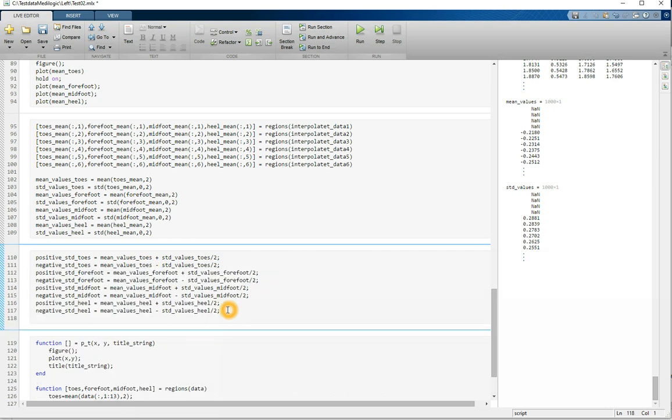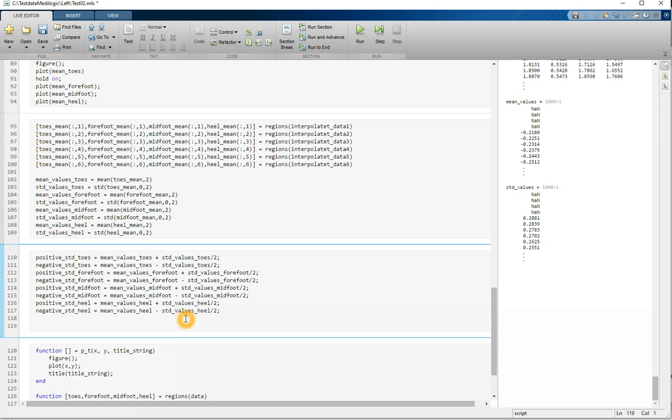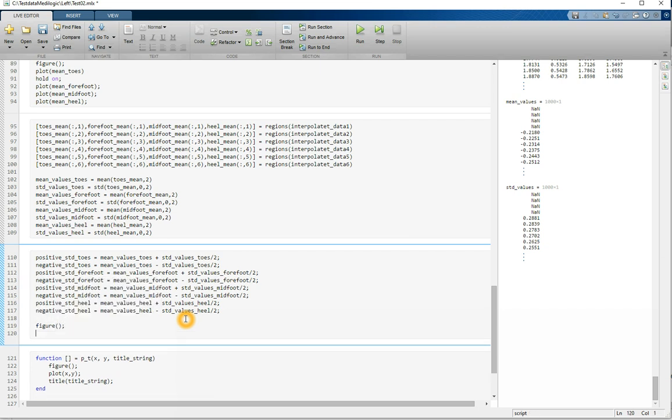So welcome back. What we are now doing is trying to plot this data, and therefore we are making a new figure and saying plot. Not the positive first. First I want to plot the mean value of the toes.